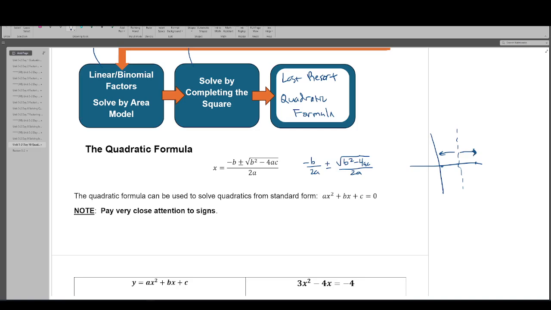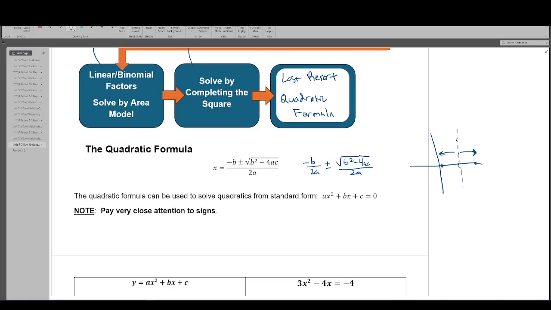So we find our axis of symmetry, and then we find out how far away to go to find the zeros. If we end up with a negative radical, as usual, that means there are no real solutions, meaning that the parabola turns around before the x-axis, and then we don't have any x-intercepts or real solutions.